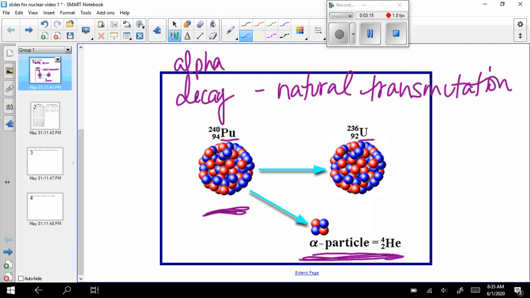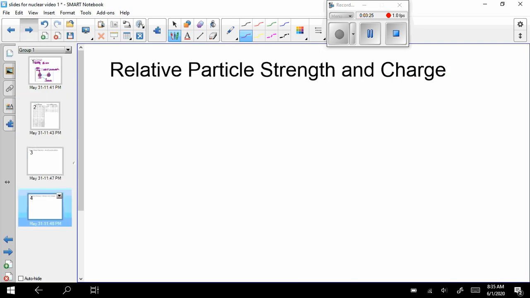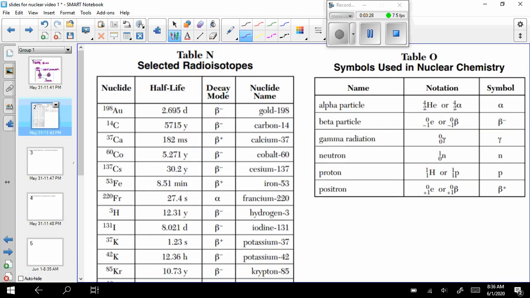So the first thing that I want to go to is the reference tables. The reference tables that we're going to focus on in this unit are table N, which tells us different radioisotopes.